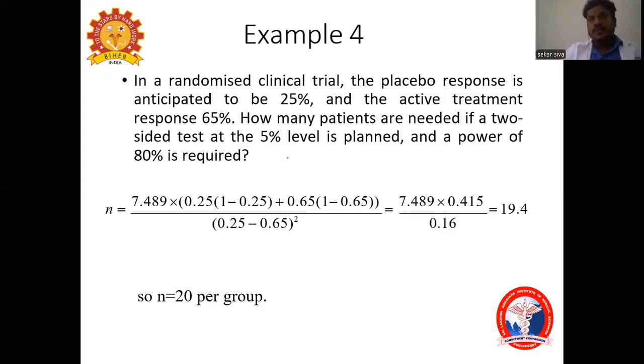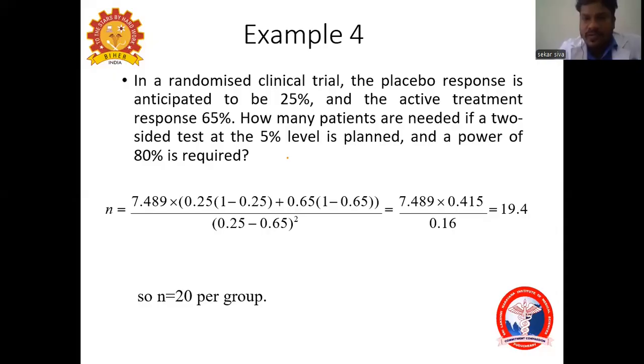Okay, 2 into the alpha and beta values, that is 7.489, into 0.25, the anticipated placebo response, 25 percentage, times 1 minus 0.25, plus the active treatment response, 65 percentage, 0.65, times 1 minus 0.65, divided by the difference between the two proportions, placebo response 0.25 minus active treatment 0.65, the whole squared.